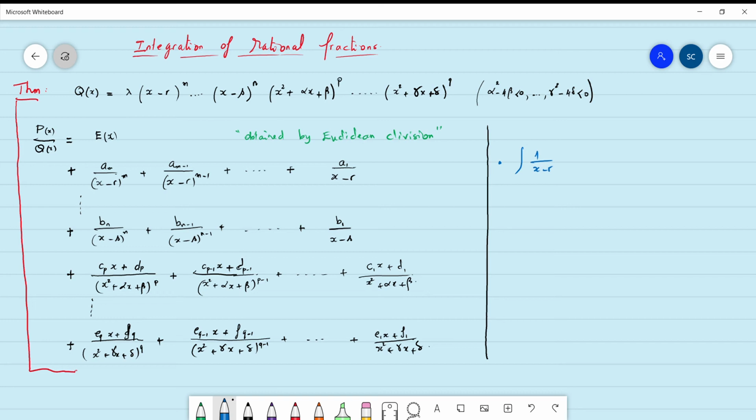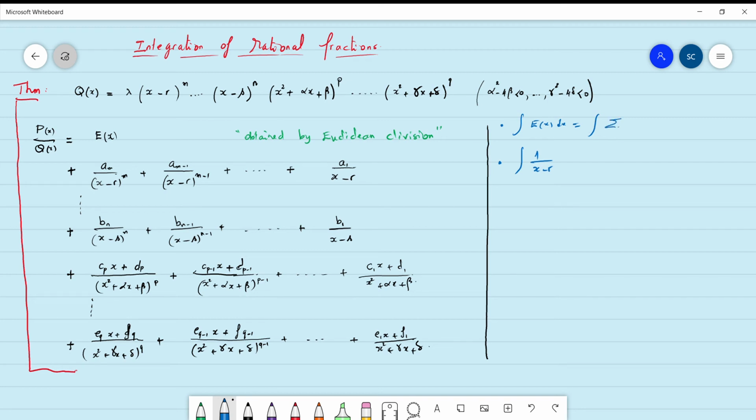The simplest one, of course, is for the polynomial part, integral of A of x dx, a polynomial. Let's call the coefficients t_k.